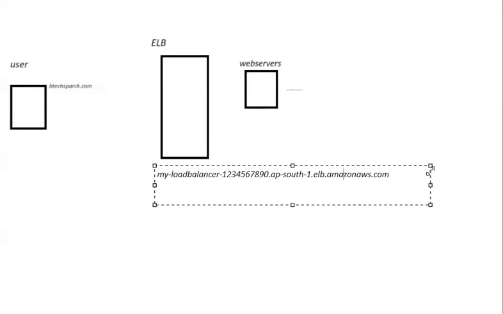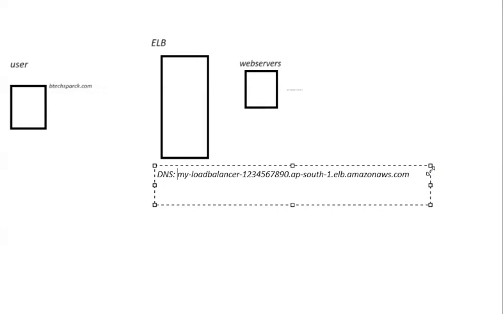This is how my elastic load balancer DNS looks whenever I create an elastic load balancer in the AWS cloud. So let's say I created this ELB also.